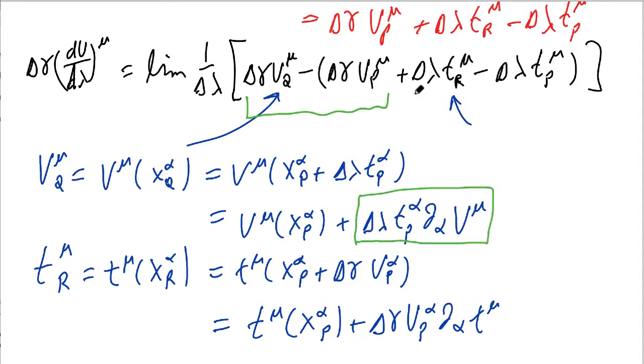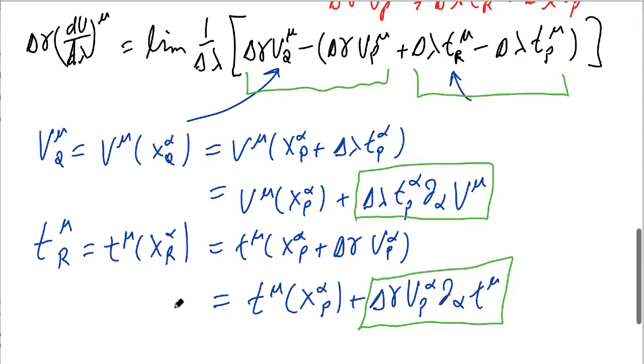And likewise, if we look at these two terms, delta lambda times t sub r mu, this is t at point P times delta lambda, it cancels this term, and what we're left with is just this term here. So the result in the square brackets here will be this term times delta gamma minus this term times delta lambda.